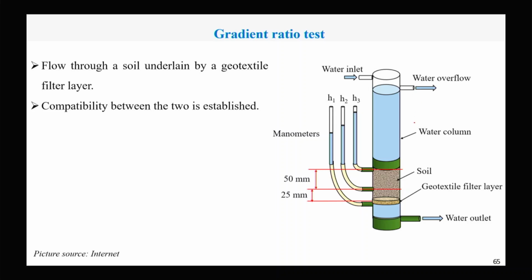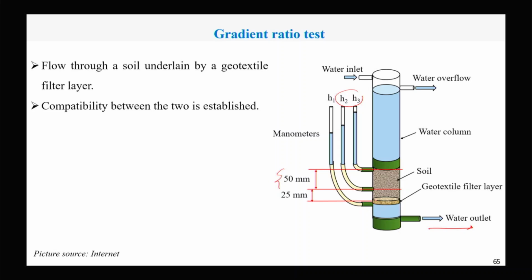Water head is maintained at a certain level. Now here we can see the 50 millimeter soil is there, and head difference is calculated for a certain water flow rate.